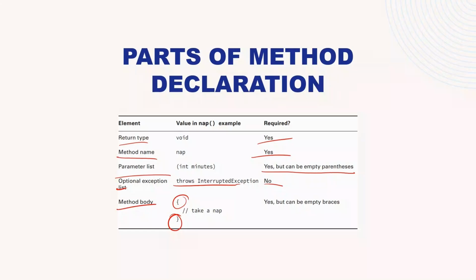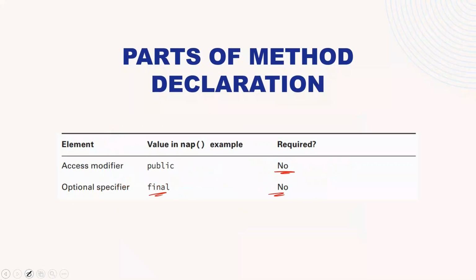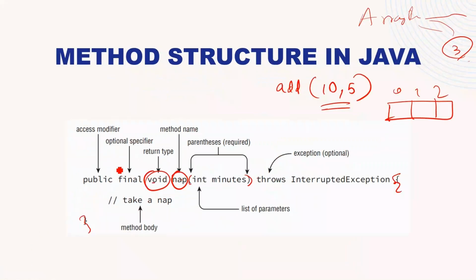Otherwise, there will be a compilation issue. I hope this part is clear, guys, because it's very important, and in the exam they actually try to trick you by leaving out some of the parts of the method here and there, and if you are doubtful about which is mandatory and which is not, you're going to get confused, right?